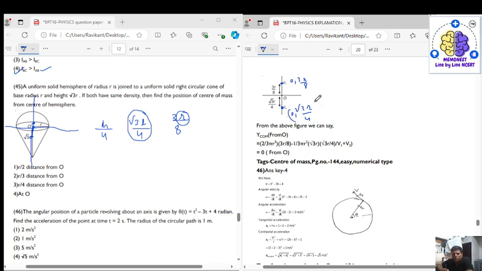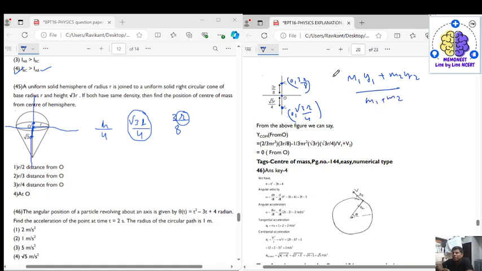We can see that the x coordinates are 0, so the center of mass will definitely lie on the y-axis itself, right? So to find the center of mass, m1 y1 plus m2 y2 upon m1 plus m2.